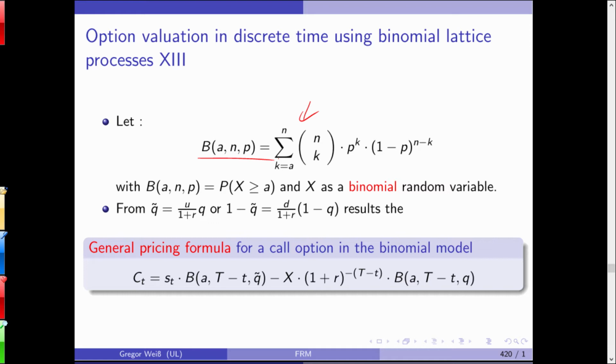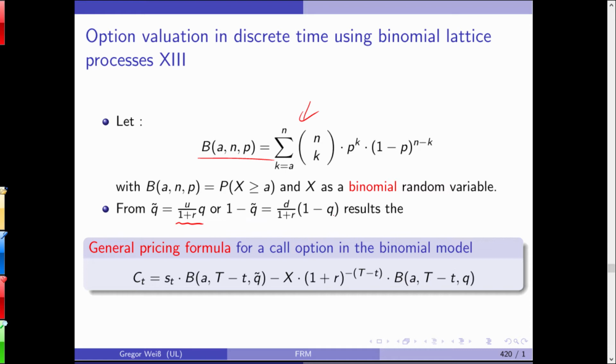Then you can see that if you also substitute q tilde equal to q times u over 1 plus r, and 1 minus q tilde equal to d over 1 plus r times 1 minus q, you get a general pricing formula for a call option in the binomial model.